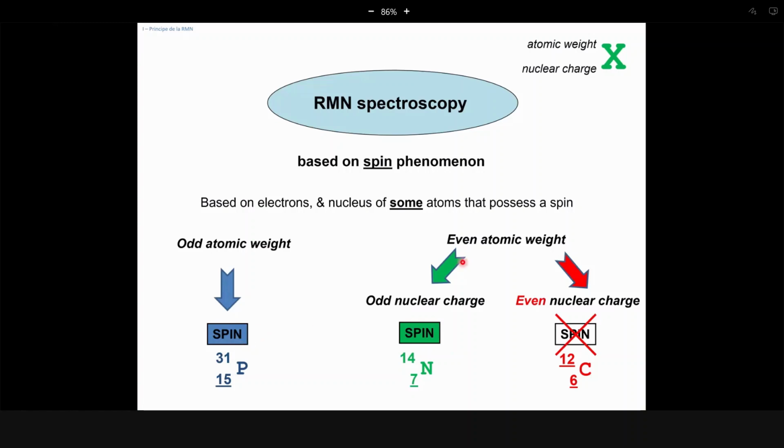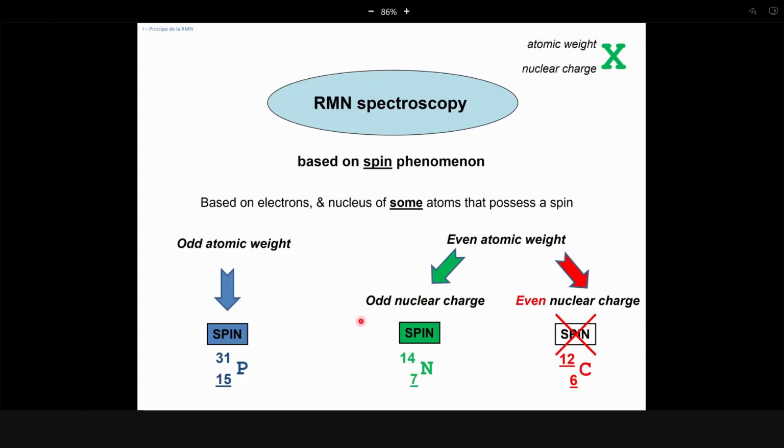If the atomic weight is even, then it depends on the value of the nuclear charge. If the atomic weight is even and the nuclear charge is odd, then you will have a spin number, just like nitrogen 14. As we have one even and the other odd, we will have an NMR spectrum for nitrogen 14.